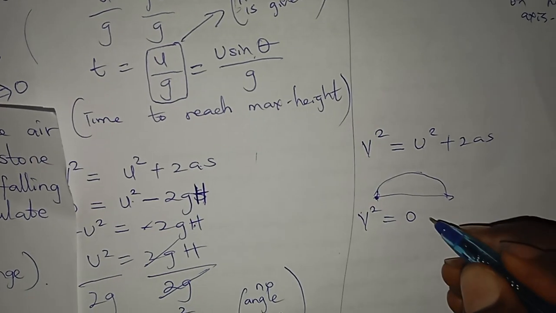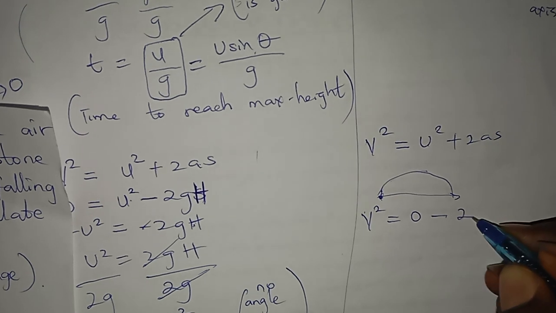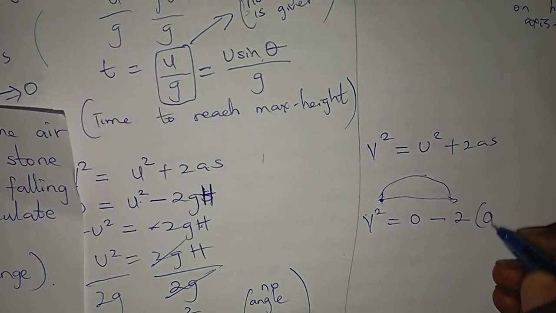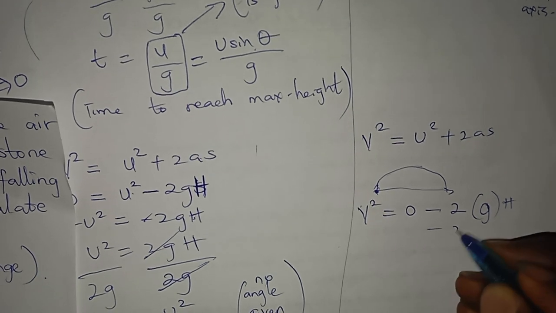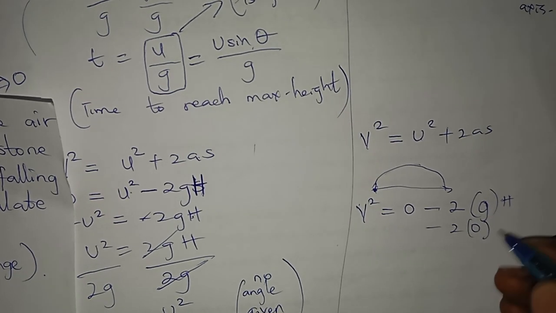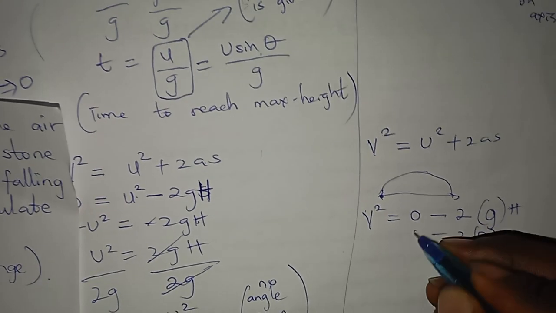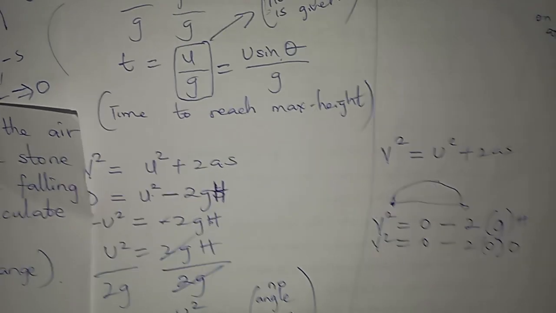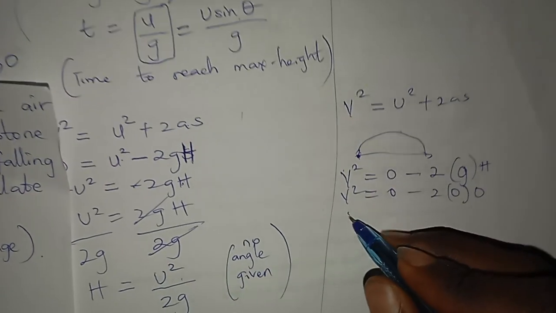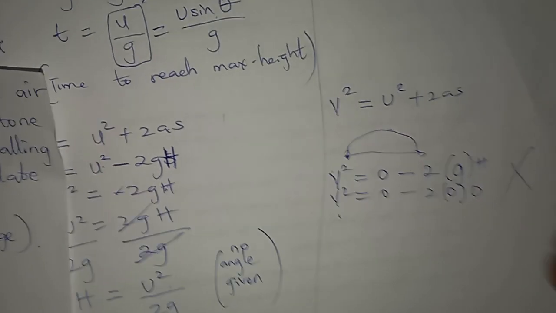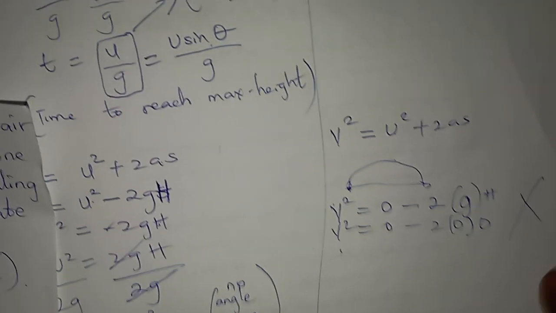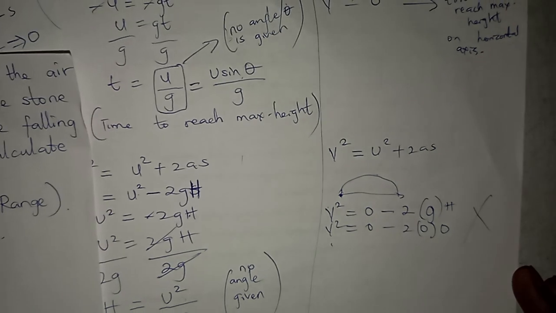Then this will be minus 2g h, but it has no g, which is 0, and even it has no height, so 0, 0, 0. So you see that there is no such thing as v square equals anything or maximum height, so this is not obtainable in the horizontal axis.